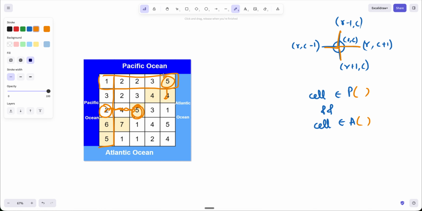So from the first row, last row, first column and last column, we try to check which all cells we can reach from there. Once we know that, we will take the cells which can reach both Pacific and Atlantic Oceans, and that will be our answer. I hope the solution is clear.